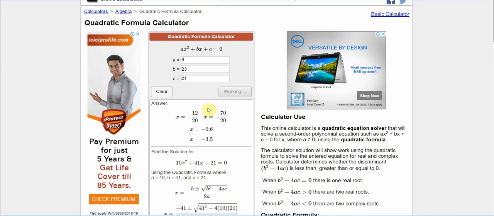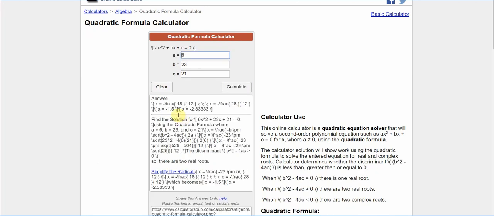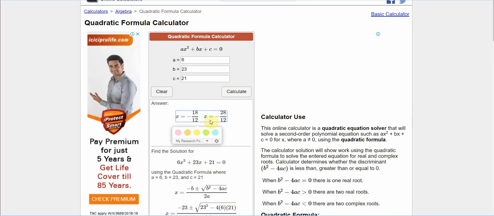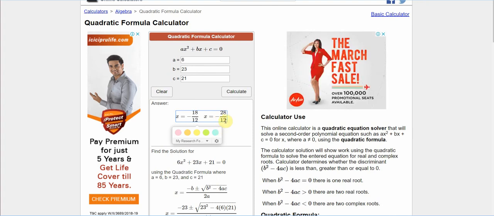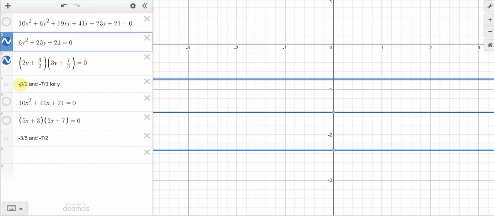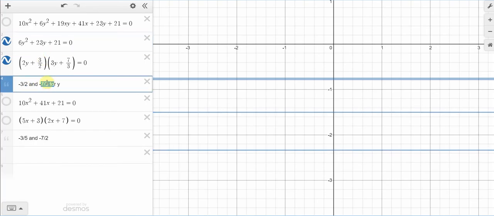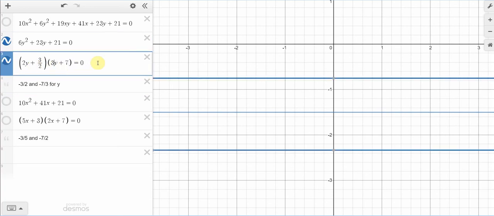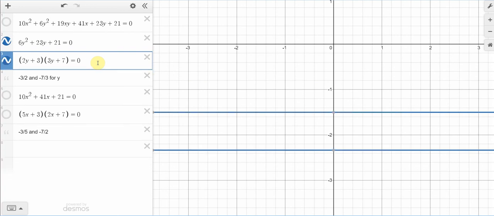Calculate, and I think we are going to get minus 3 by 2 and minus 7 by 3. That was right. Minus 3 by 2, minus 7 by 3. I see. I forgot to remove the fractions. Anyway, so they are now the same.